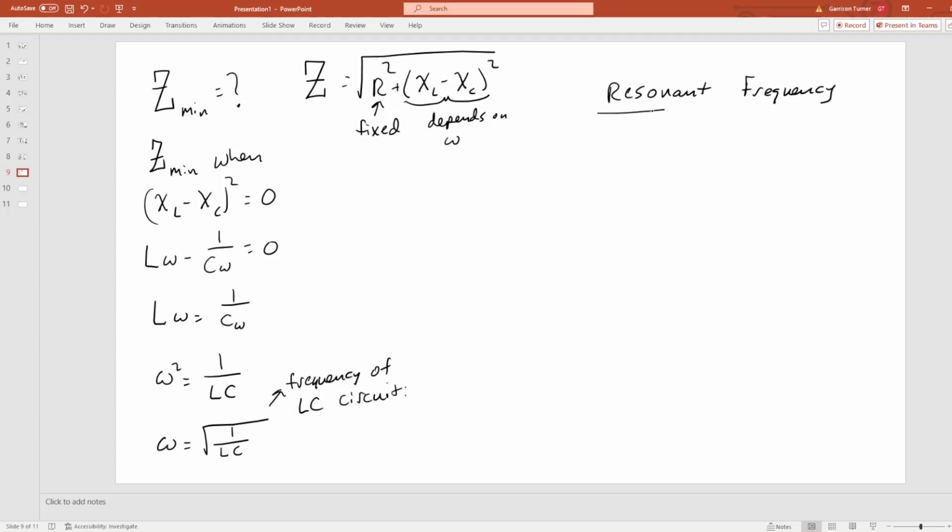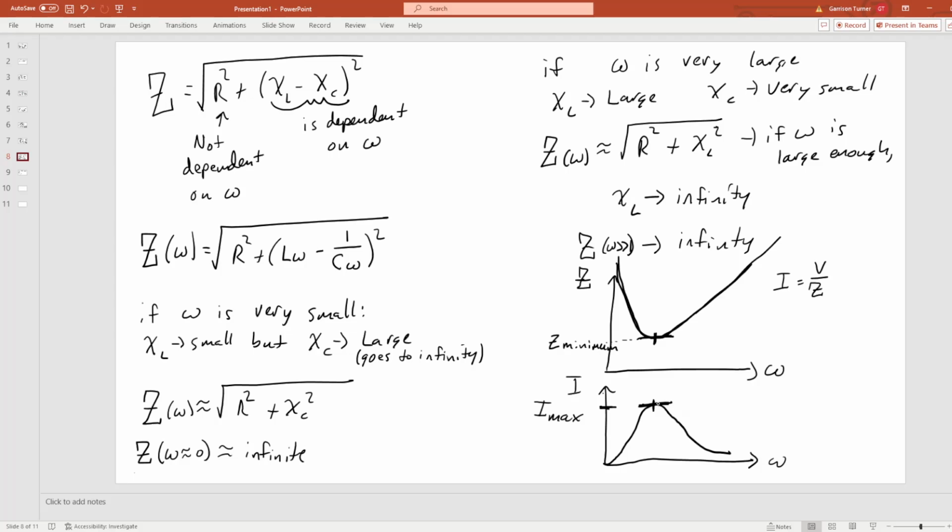Okay, so this is the resonant frequency. And we call it the resonant frequency because it's the frequency at which your current is maximized.